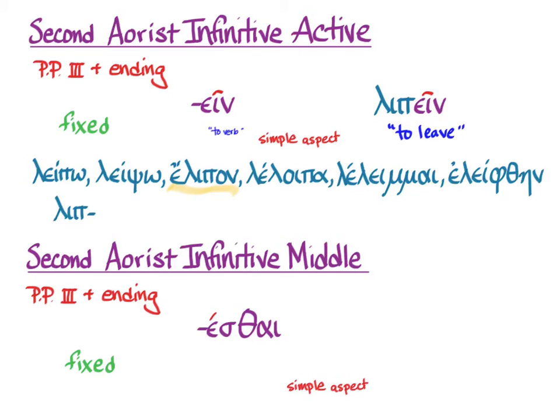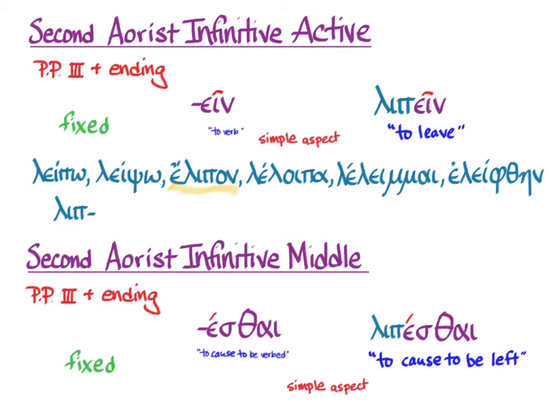Default translation in simple aspect is to cause to be verbed. And if we put our sample verb in there, we're going to get lepesthai, and that means to cause to be left. So those are all the new forms.